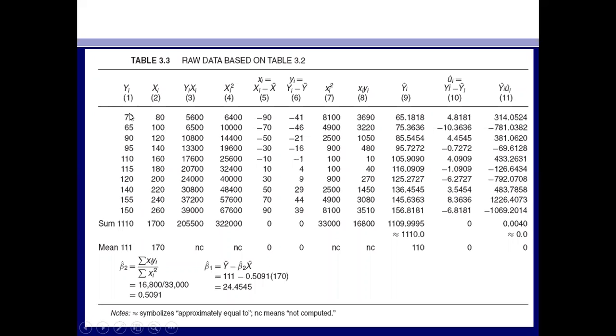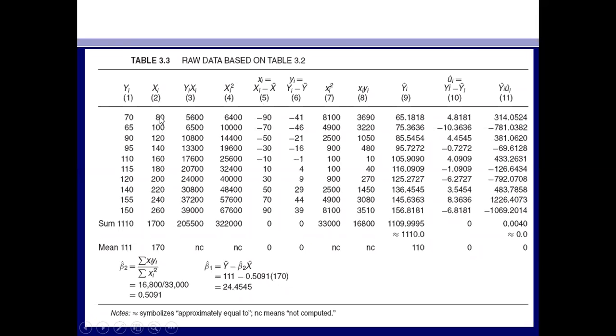Similarly, you calculate y bar, the mean of the y values, by adding these 10 values of y. If you add up all these 10 values of y, you get summation y, which is 1110. When you divide this summation y by n, which means divide by 10, you get 111. So y bar is 111 and x bar is 170. In order to get the fifth column, xi minus x bar, you subtract this x bar, 170, from each and every value in column x.